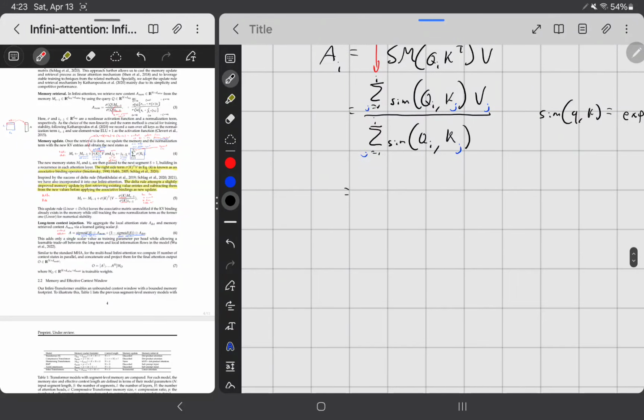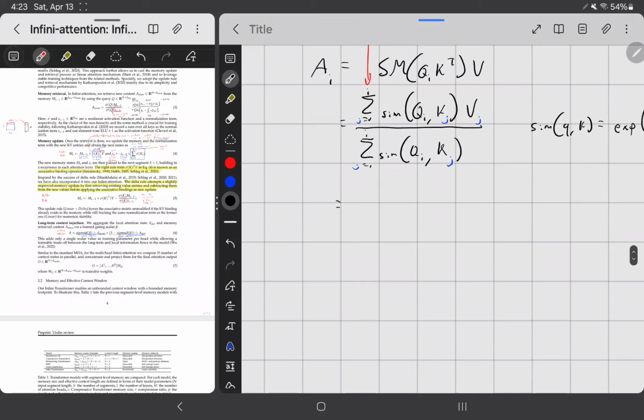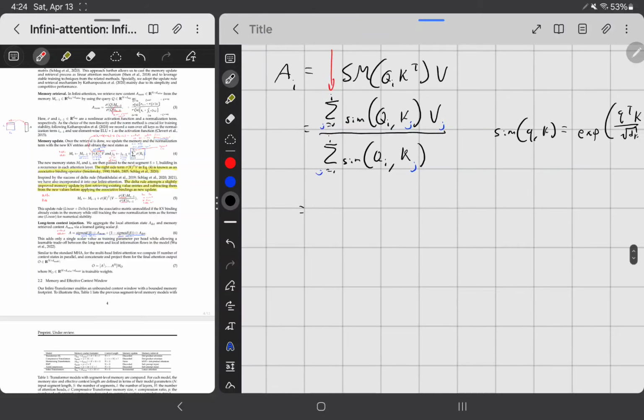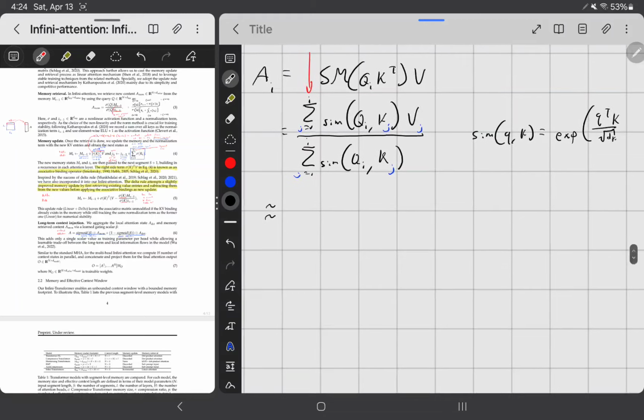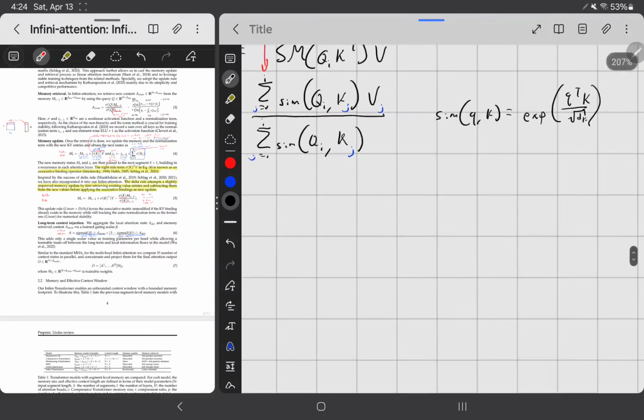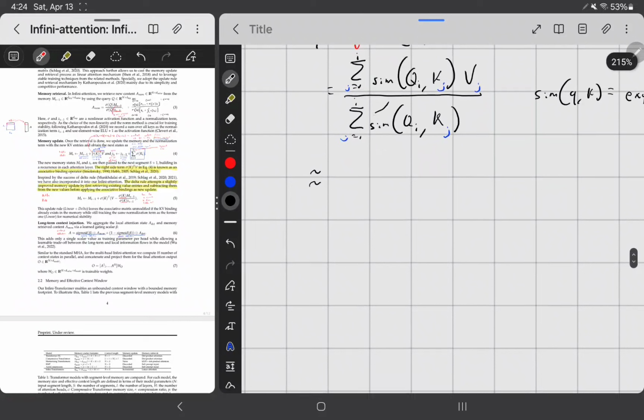Now we can rewrite this again using the kernel trick, where you take the similarity function and break it up into two. This is not going to be equivalent, but it's going to be an estimate of softmax, because you can't really break the softmax up. But if we have a different similarity function, then you can break it up.